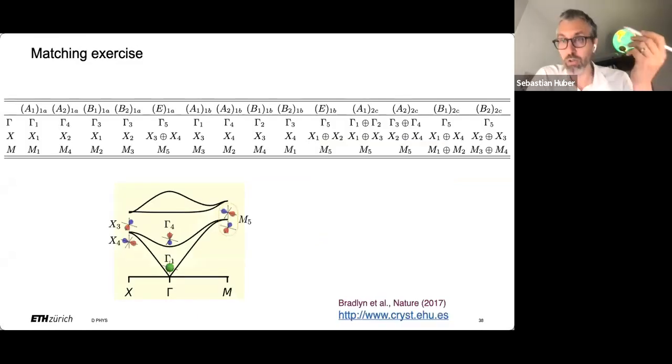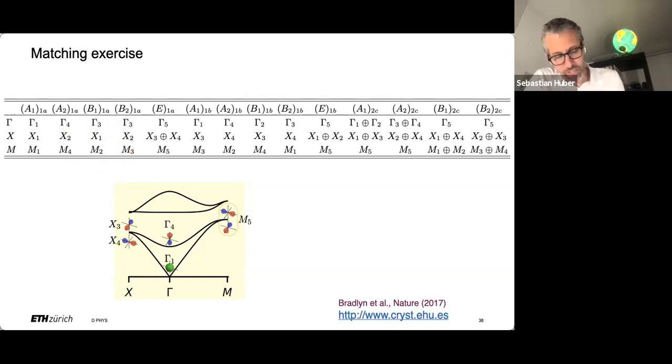You do a lot of hard work, and you place all kinds of orbitals, that is A1, A2, B1, B2. These are just the orbitals of the local point symmetry groups, and you place them in all kinds of positions in the lattice: 1a, 1b, 2c. These are just names for high symmetry points in the lattice. And then you find which orbital content you have to have in the Brillouin zone.